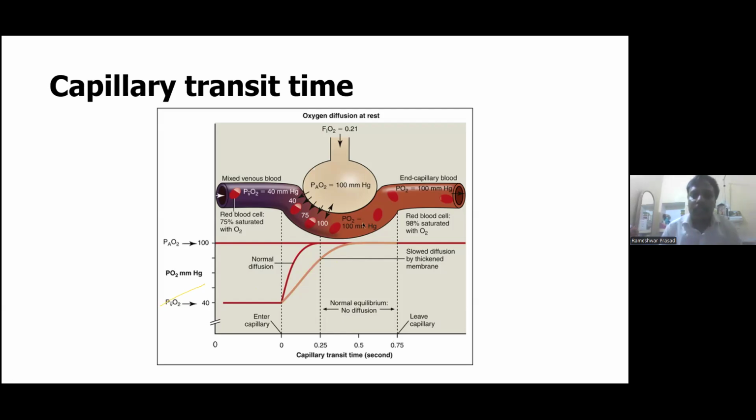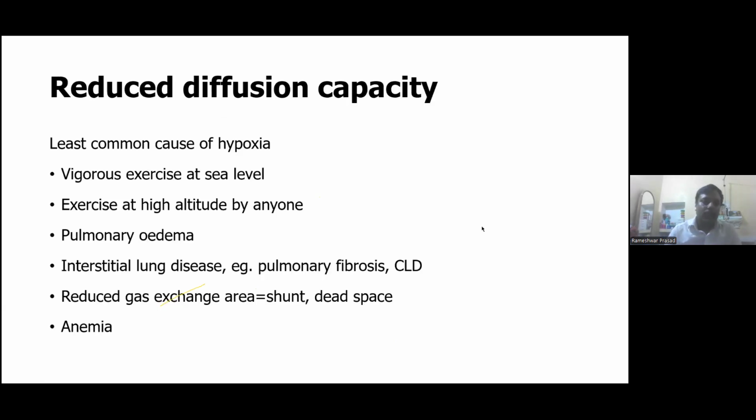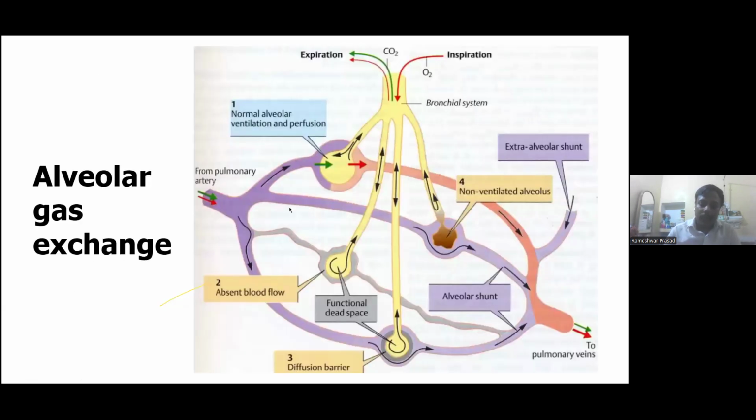Now, in what conditions will this capillary transit time come down? There are a few conditions, mainly related to adults. One, vigorous exercise at sea level. Even at high altitude, if anyone exercises vigorously, capillary transit time will become low because cardiac output will be high, heart rate will be high, and blood flow will be higher.